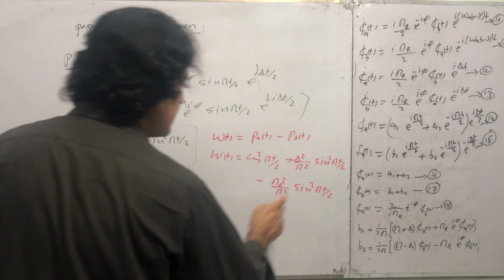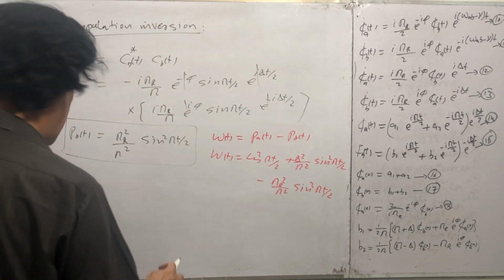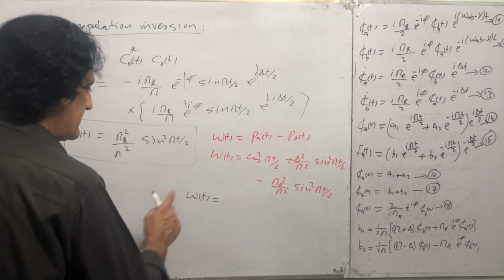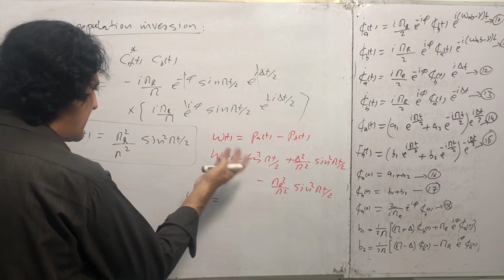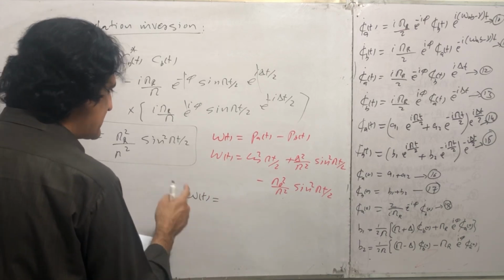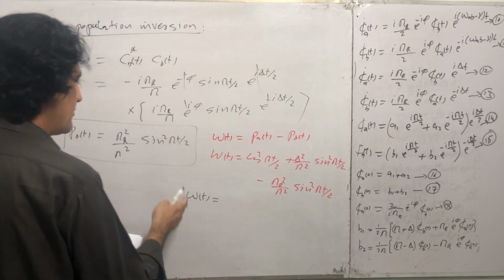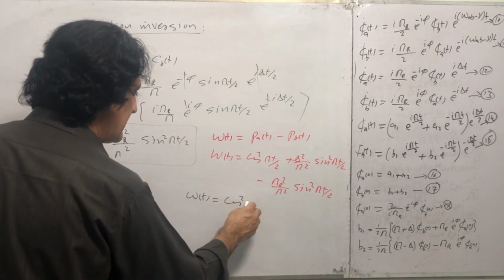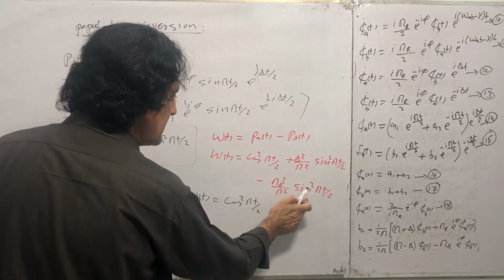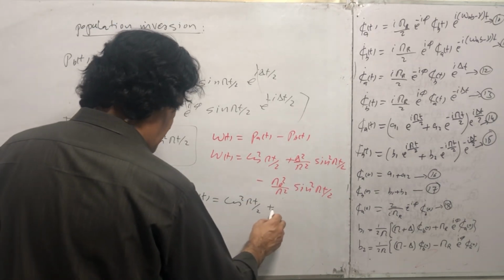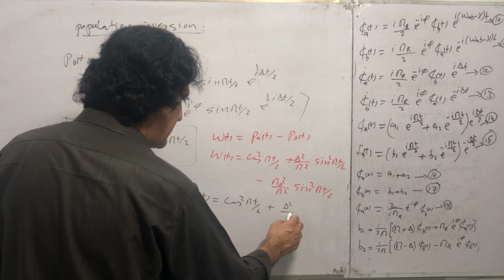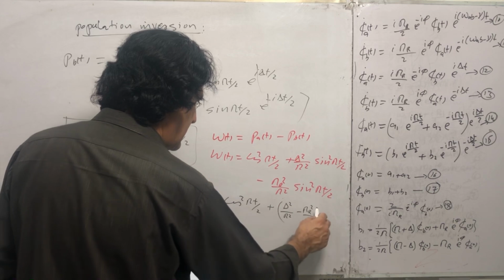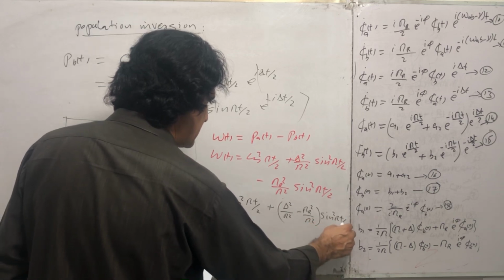From here and here we can take sine squared omega t divided by 2 common. This W is just a representation for the population inversion. So W(t) is cosine omega t divided by 2, and you can take common from here, then you have delta squared divided by omega squared minus omega_r squared divided by omega squared, times sine squared omega t divided by 2.